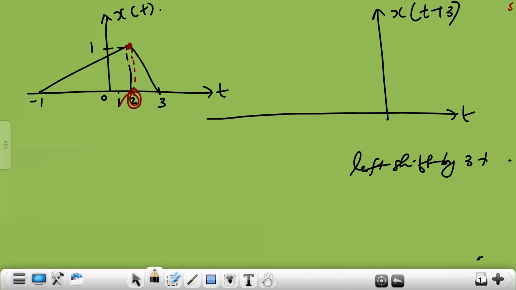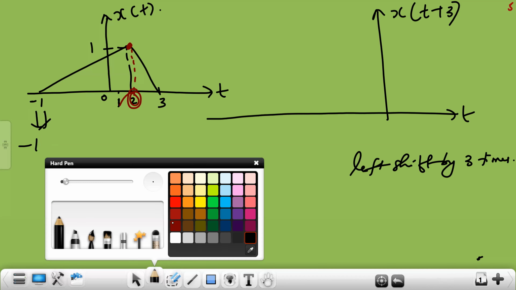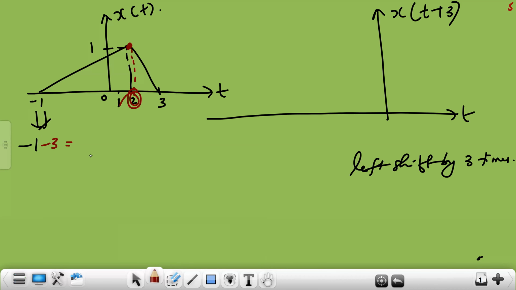So this minus 1 will appear at minus 1 minus 3, that is minus 4. Similarly, this 2 will appear 3 times. When you shift to left, you have to subtract. So this 2 will appear at negative 1, and this 3 will appear at 0.